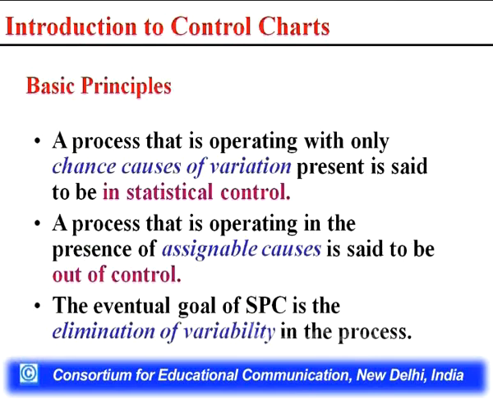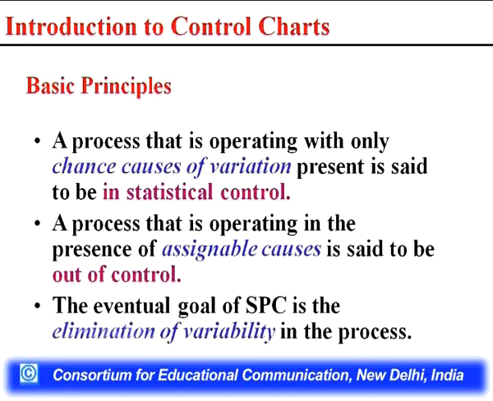Now, introduction to control charts, basic principles. A process that is operating with only chance causes of variation present is said to be in statistical control. We have already discussed the common causes and the assignable causes.